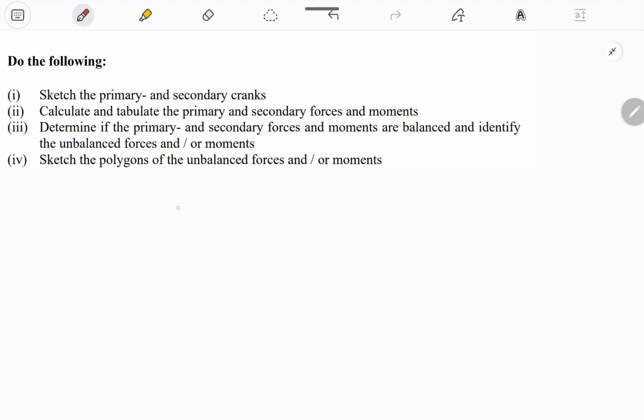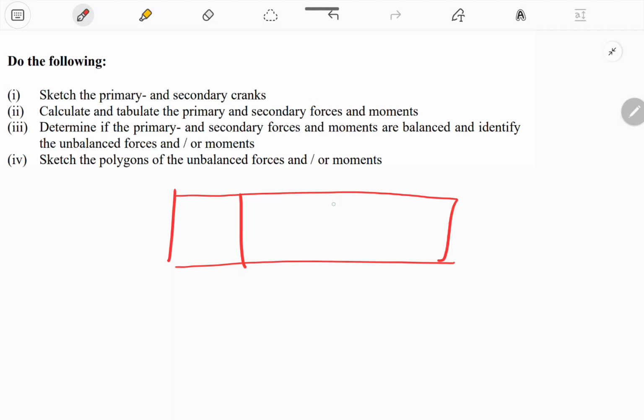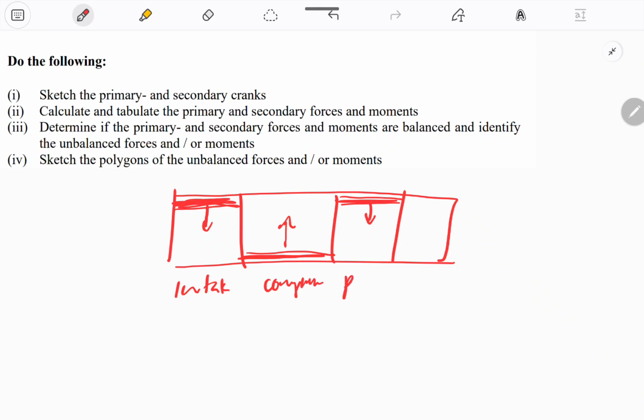Let me draw the 4 strokes. First, if this piston is on top, that's where we intake. We intake going down. Then when we're at the bottom and going up, we're compressing. When we are at the top and going down, that's what we call the power stroke or combustion.